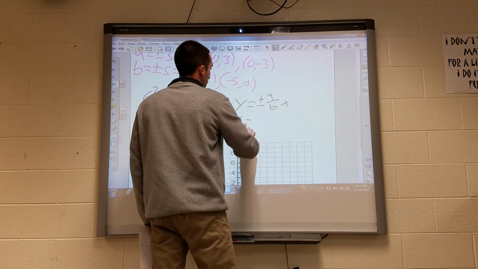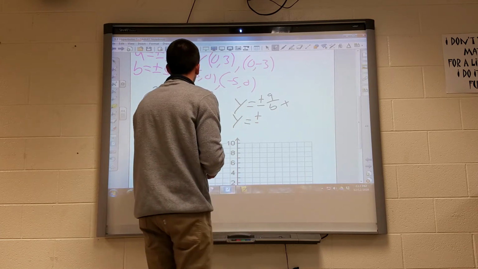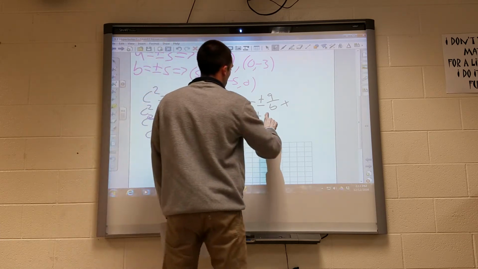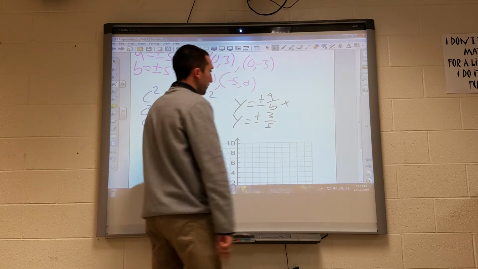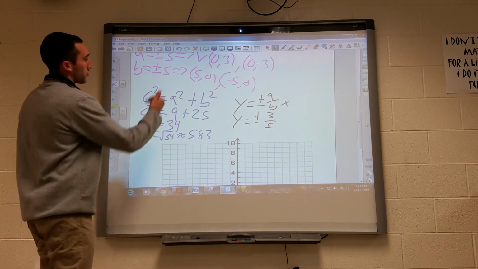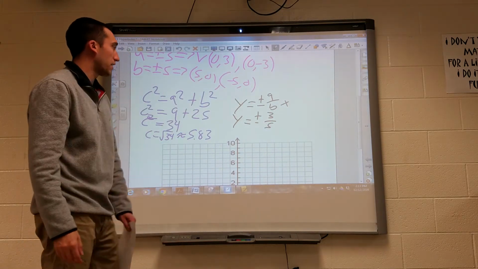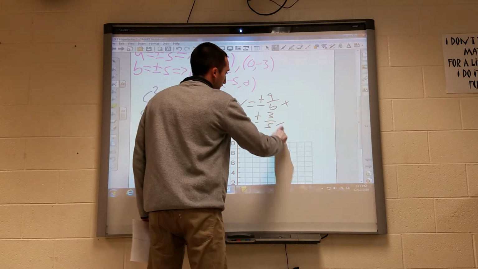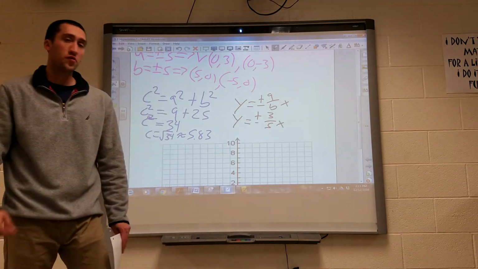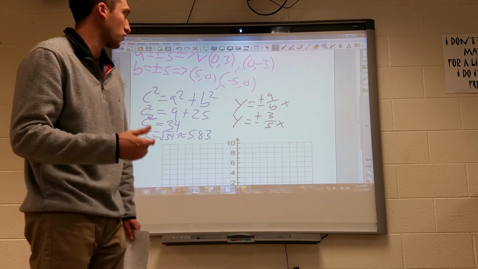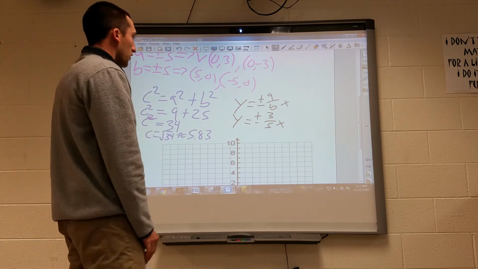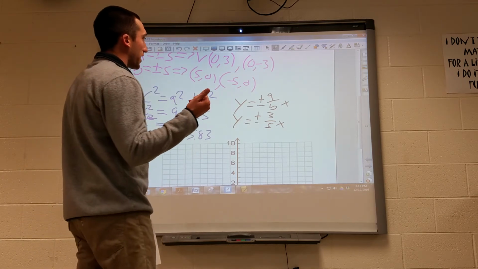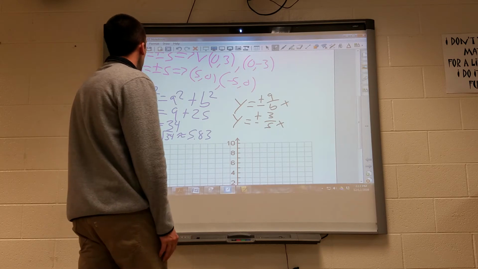Meaning our asymptotes are y equals plus or minus, and my a was 3 and my b was 5. Right? a squared was 9, b squared is 25. So we get this equation, y equals plus or minus 3/5 x. So basically it's just a line. So now we have all the information we need to go ahead and graph this hyperbola.